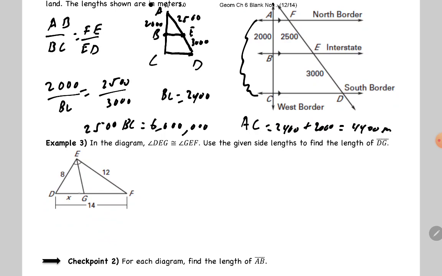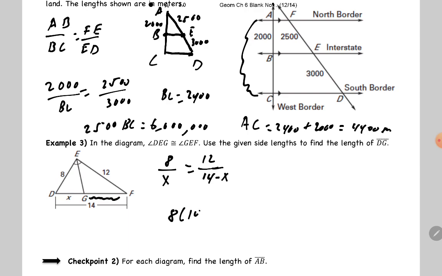Okay, so whenever I see this type of problem, I like to create my proportion like this: left side over the left half equals the right side over the right half. So if the whole piece is 14 and that piece is x, then GF is 14 minus x. Now we're going to do our cross multiplication.